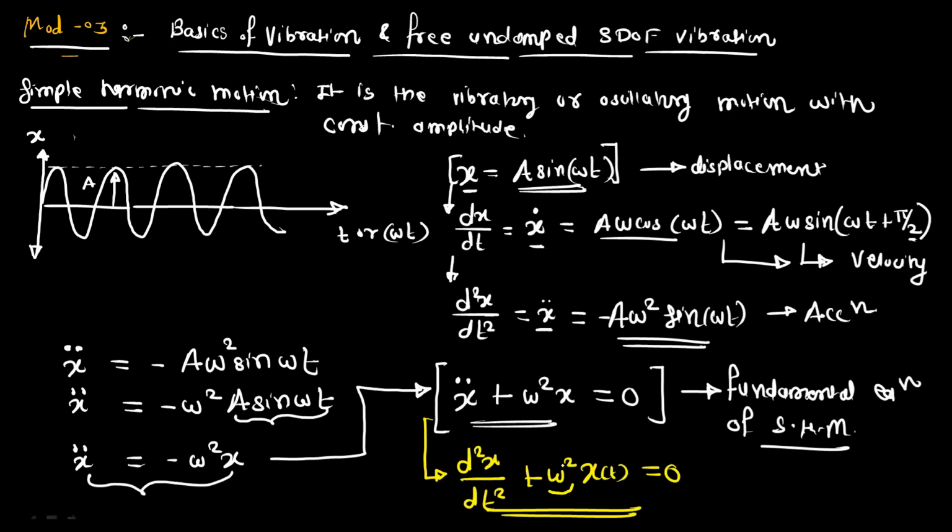Here the omega value is nothing but the frequency of the vibration or the oscillation, or the angular speed. Basically we compare the vibratory motion with the rotary motion.